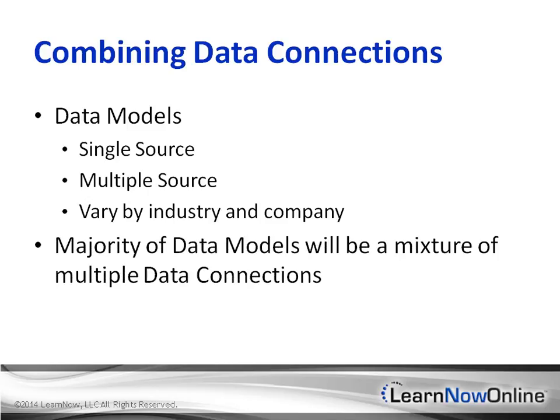Bottom line, most of your data models will be a mixture of multiple data connections. And there's nothing wrong with that. In fact, it's even better because you'll be able to utilize all of that data together to drill down further in your analysis of your data in a single way. Let's take a look at a demo to give you a better idea of what we were talking about.